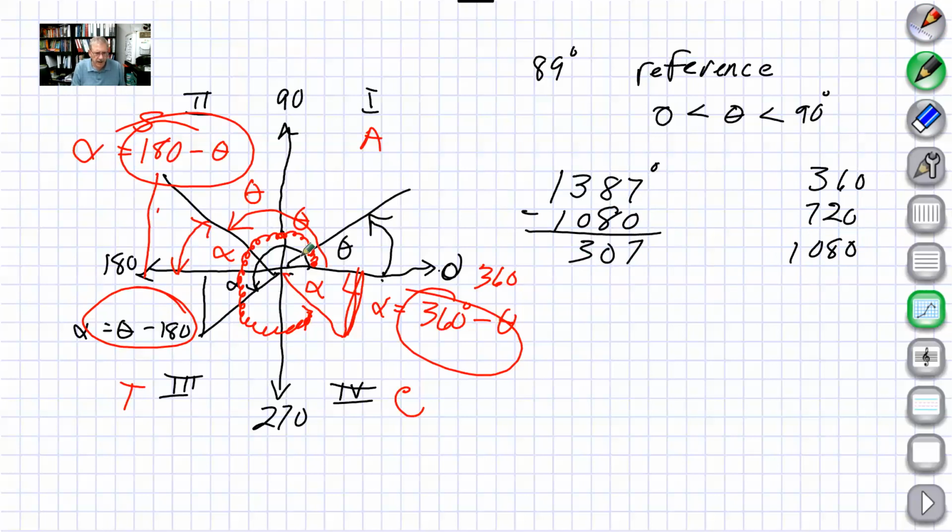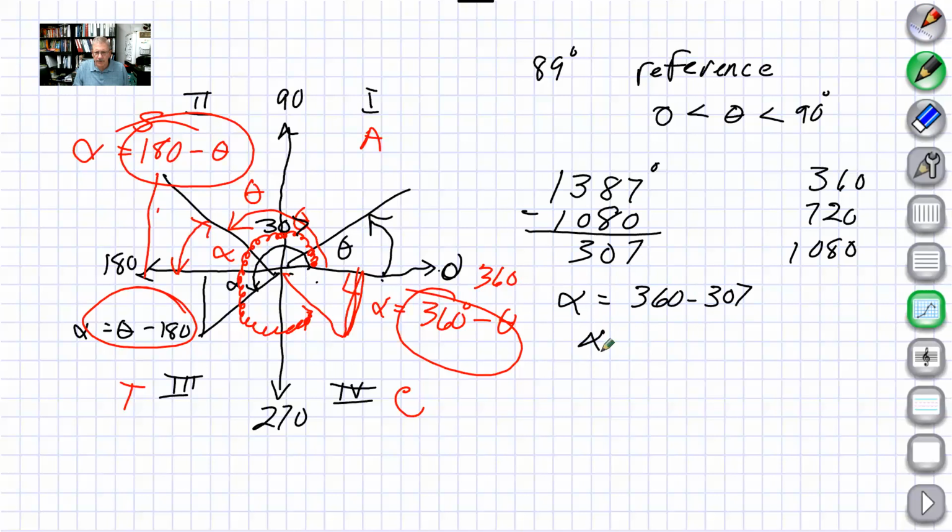Our angle is 307. It's way over here. That's our theta. We want to find our alpha. Sometimes they call it theta prime or something, but our angle, we call it alpha, is 360 minus 307.